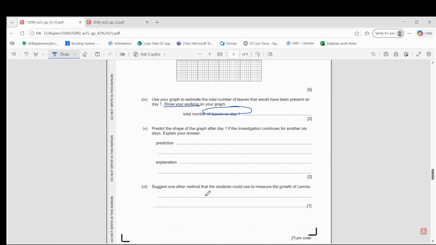Okay, next, suggest one other method that the student could use to measure the growth of lamina. The one thing that they have used is counting the leaves. What other method can be used? They have used counting, like let's count the number of leaves. What can we do if we want to change the method?